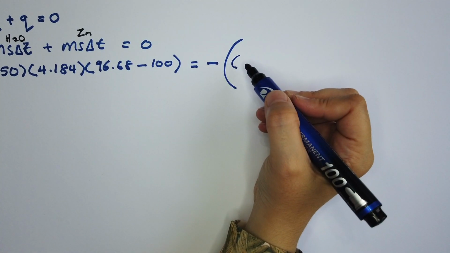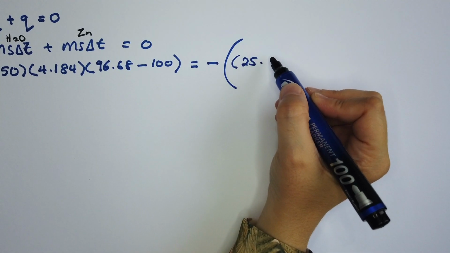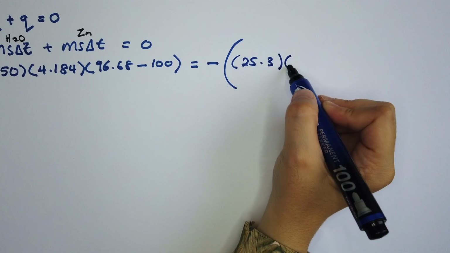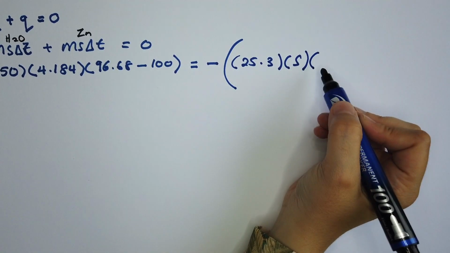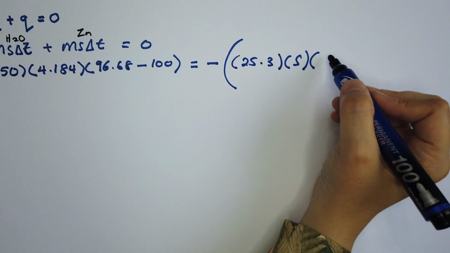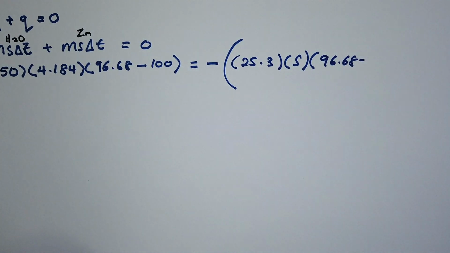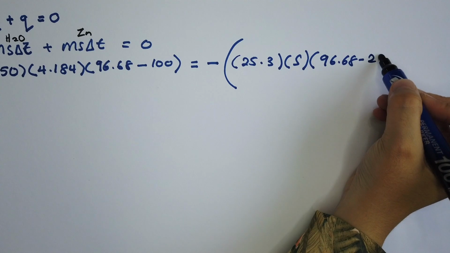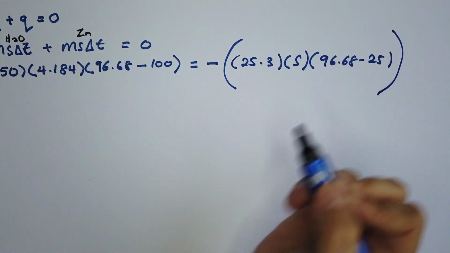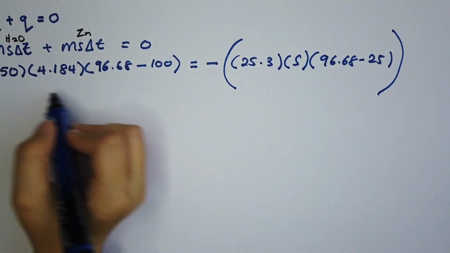The mass of the zinc is 25.3 gram. S is the one that we want to calculate. The zinc is initially at 25 degrees Celsius, and at equilibrium it turns into 96.68, so minus the initial temperature of 25.